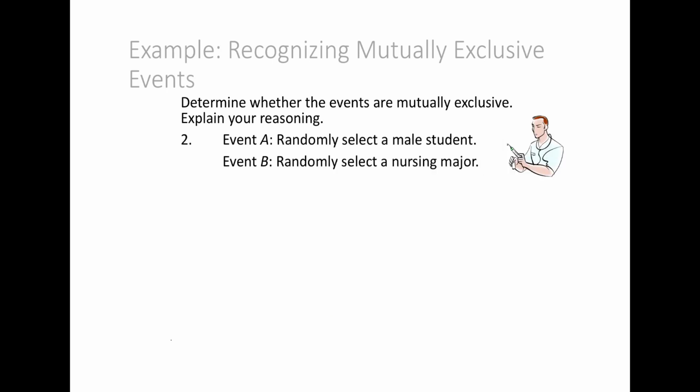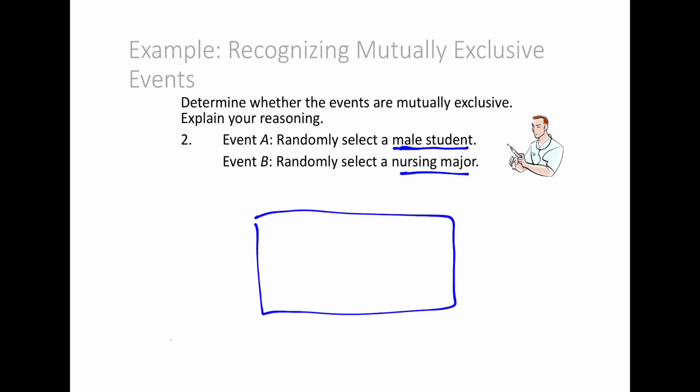Looking at another example, we could say that event A is randomly selecting a male student, and then event B is randomly selecting a nursing major. So picturing these, again, here's our sample space. Event A, we have the males. In event B, we have nursing majors.